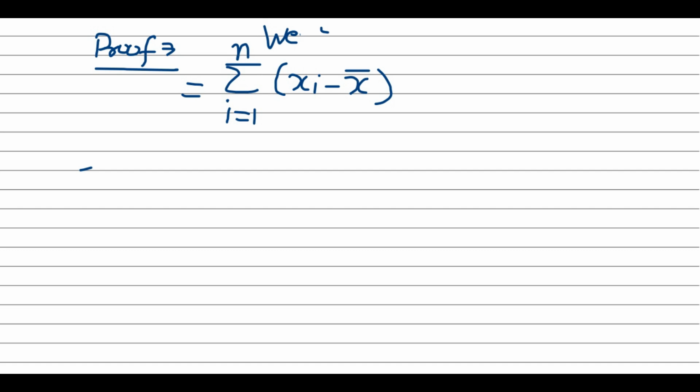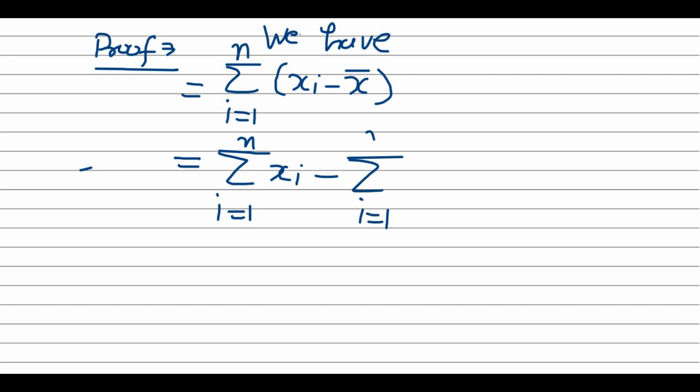Now let us open the bracket. That would be equal to the summation over i from 1 to n of xi minus the summation over i from 1 to n of x bar.